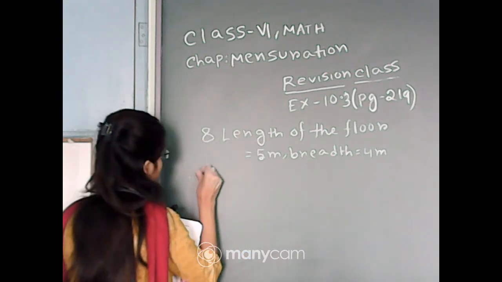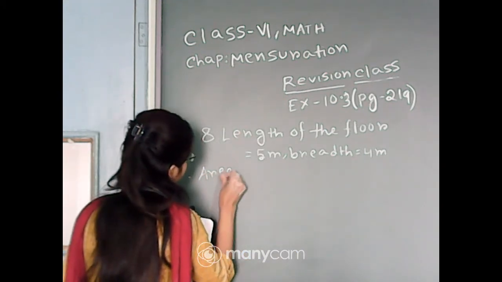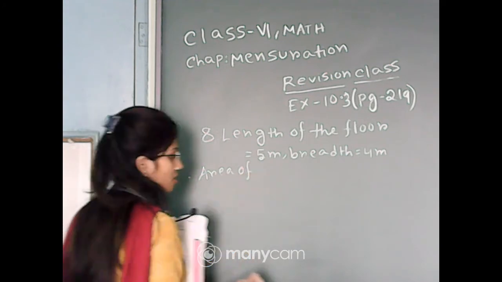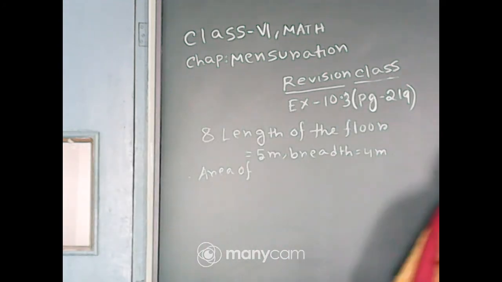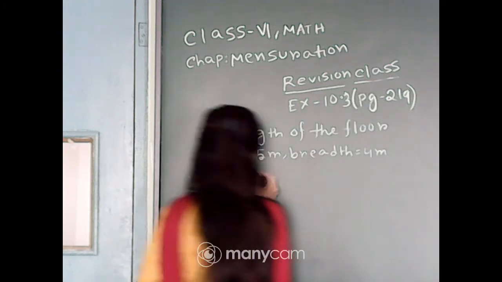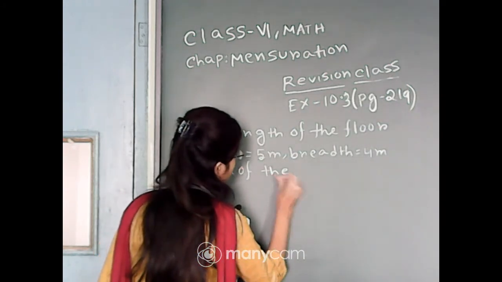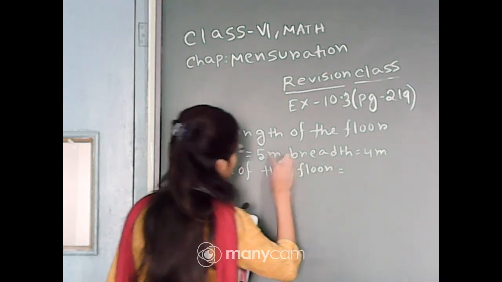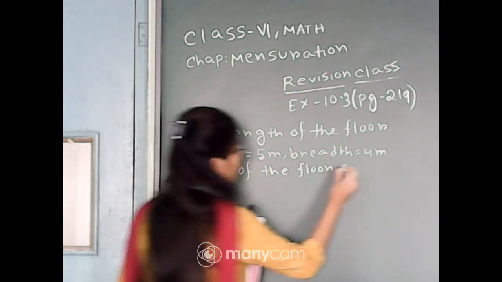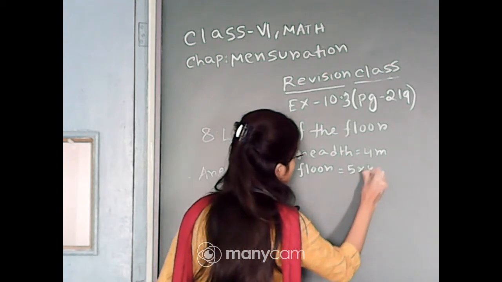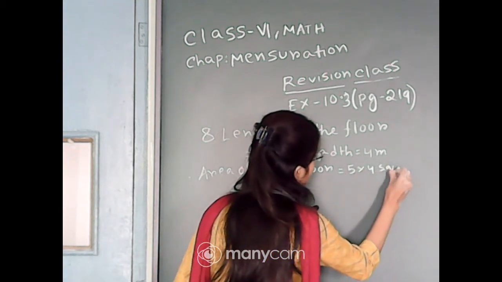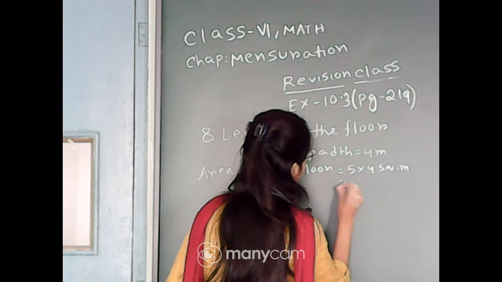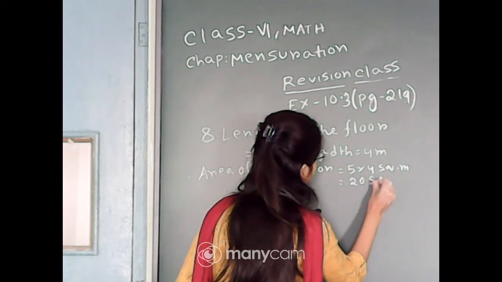Therefore, area of the floor is equal to length into breadth, that is 5 into 4 square meter. Okay, that is 20 square meter.